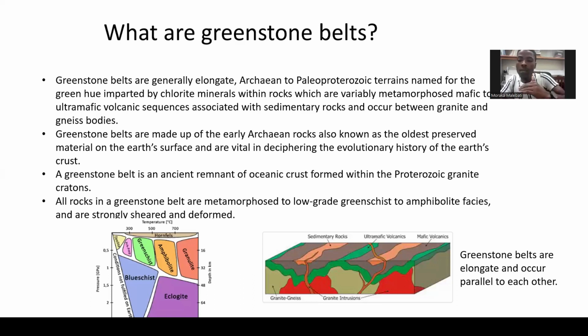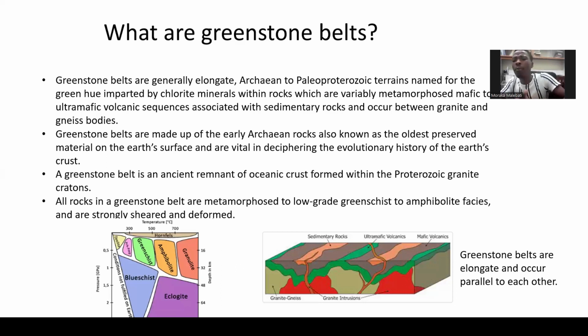Because they are old, they have undergone a series of tectonic deformation, which is why they are metamorphosed into what we call the greenschist to amphibolite facies, because of the effect of metamorphism. And these oldest rocks occur between granite gneiss complexes.